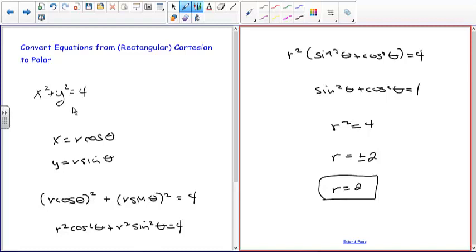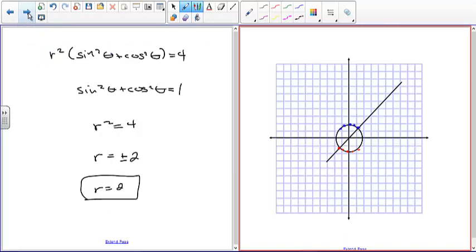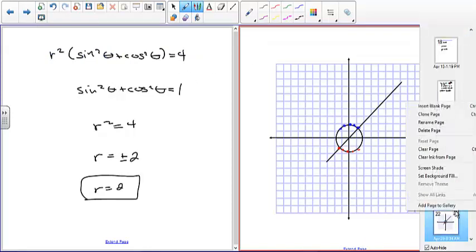So we might want to use the r theta form of the circle sometimes, which we do. Okay, so there it is.